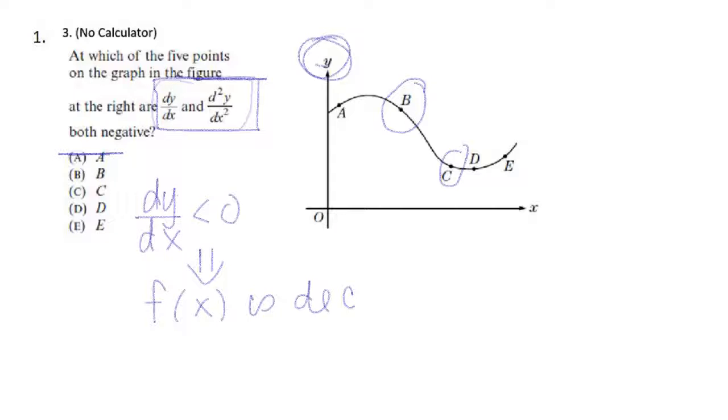What could I draw there? A tangent line? What kind of tangent line? Horizontal. And so if it's a horizontal tangent line, what does it mean about the derivative's value? It's 0, right? So if it's 0, can it be negative? No. So I would toss out D.